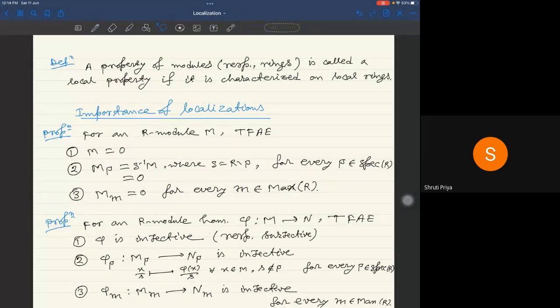So injectiveness of a module homomorphism or surjectiveness of a module homomorphism, all are local properties. Is it fine?